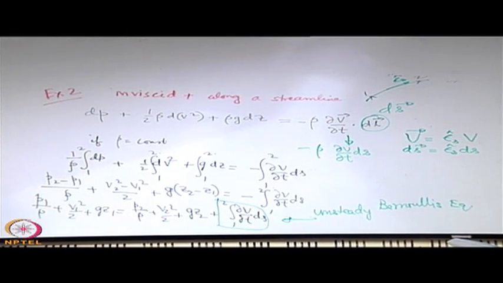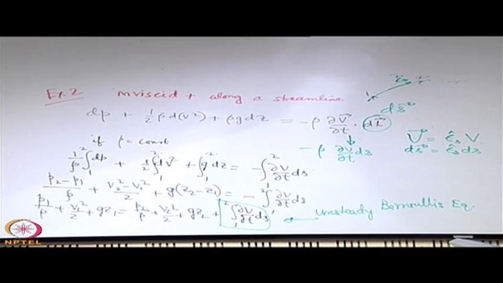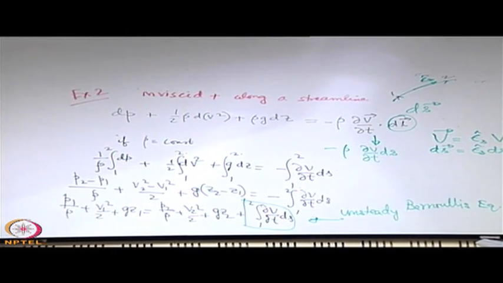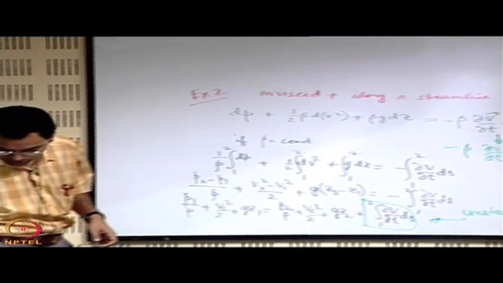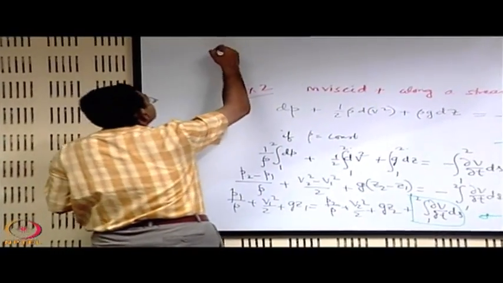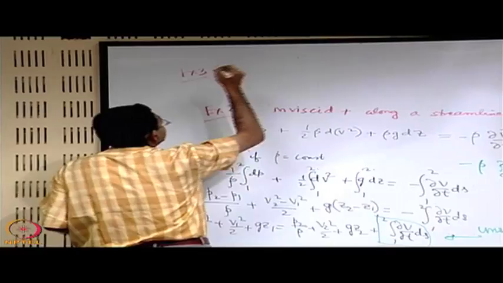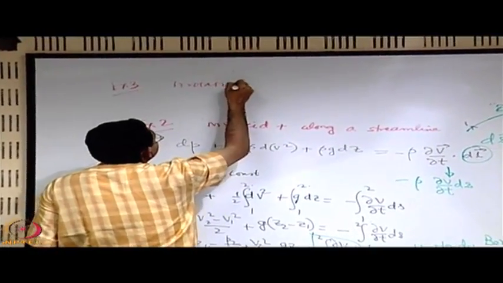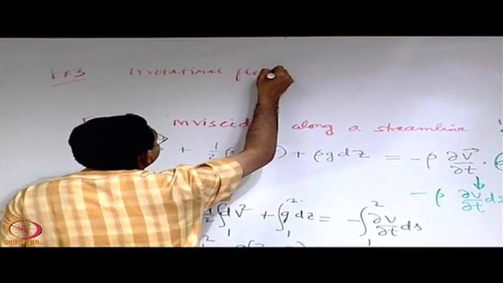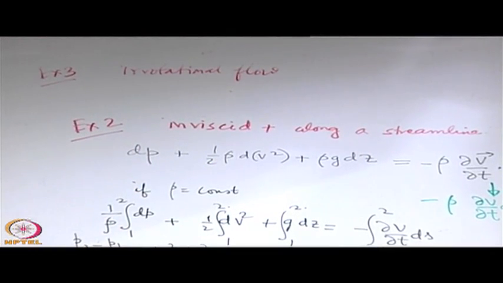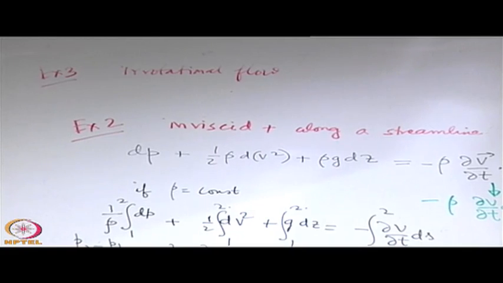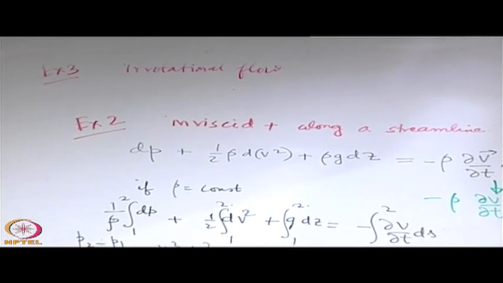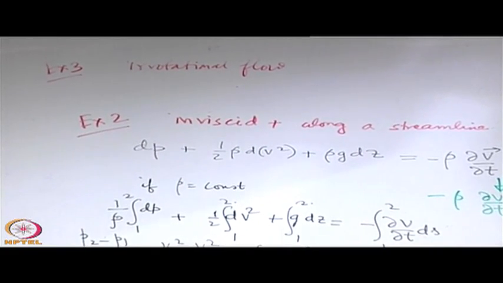Now we will take a third example when we consider irrotational flow. So let us take the third example, example 3, irrotational flow. When we take the example of irrotational flow, let us see what happens to the equation.